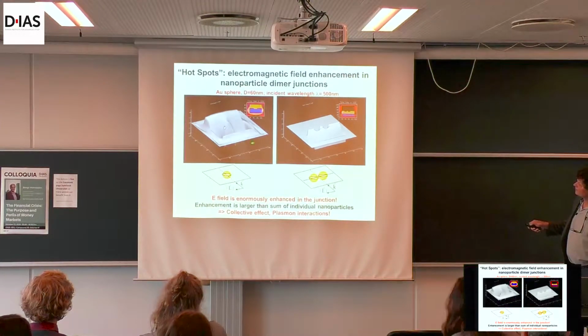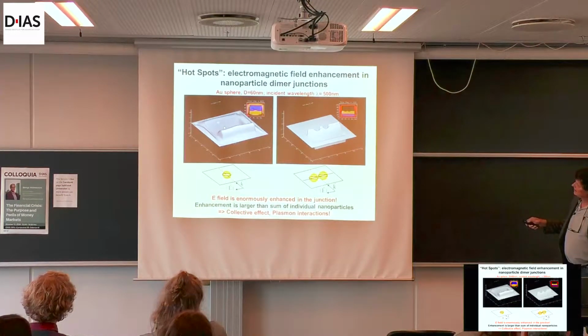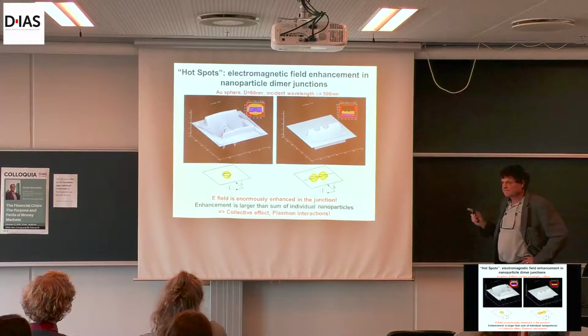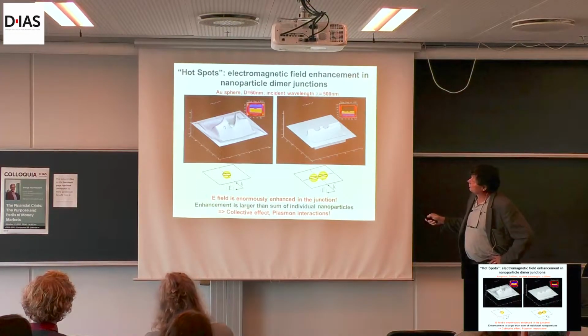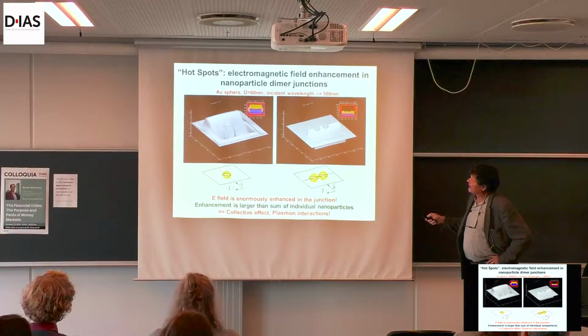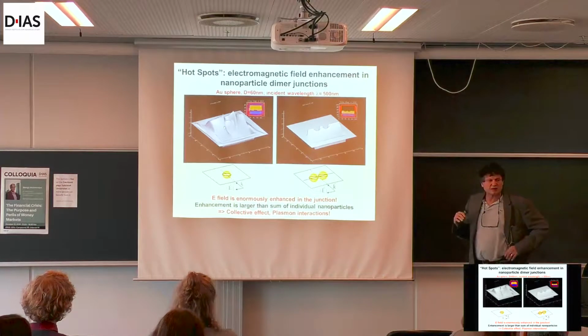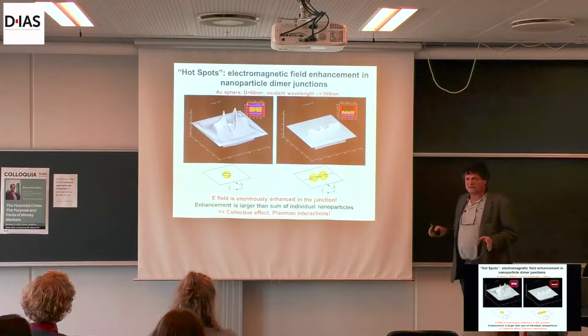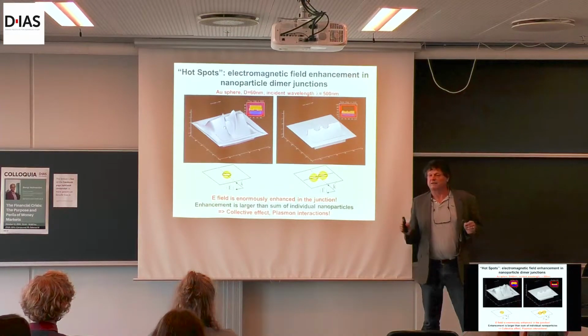You can see the CW wave goes through, and you can see that at the poles of this sphere, you get a field enhancement. And this is interesting, because the volume of the area where we have this field enhancement, these peaks at the poles, is about 5 nanometers. So we have actually accomplished sub-wavelength light amplification.